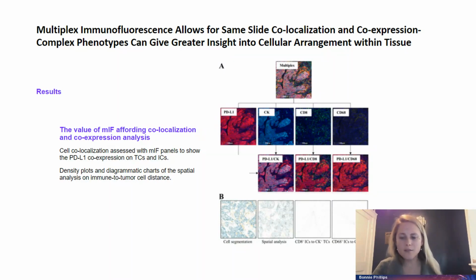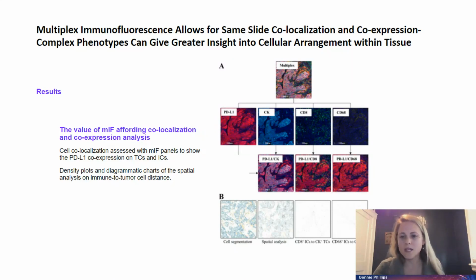So now that we had all of these markers on a single tissue section, not only did we get a much higher level of phenotypic complexity, but we're also able to get that spatial information where we're able to compare these markers across the same tissue section.